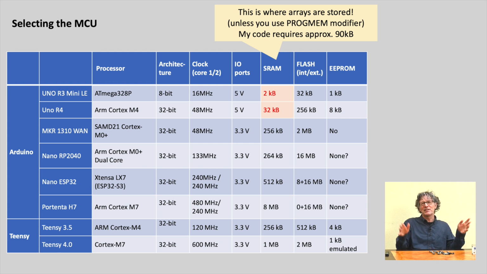So then I gave up, and I realized I needed an Arduino with sufficient SRAM memory to store my thing. So that's number one, basically having enough storage space to store the bit sequences on.